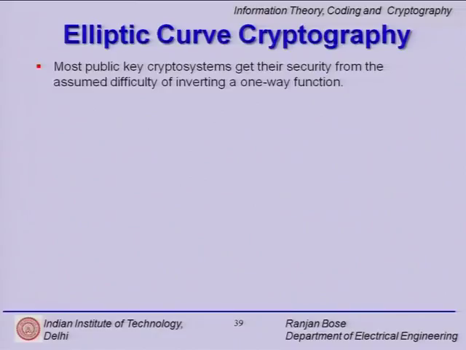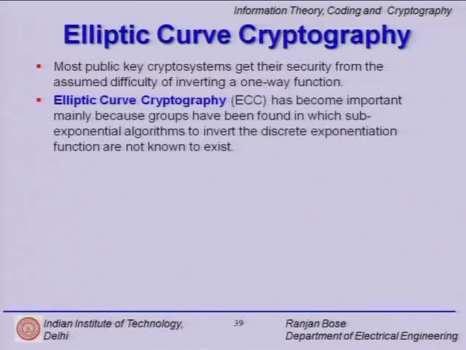You can multiply two numbers, but not factorize, and so on and so forth. ECC has become important mainly because groups have been found in which sub-exponential algorithms to invert the discrete exponential functions are not known to exist. We will talk about this jargon in a short while. What do we mean by this discrete logarithmic problem and discrete exponentiation functions?